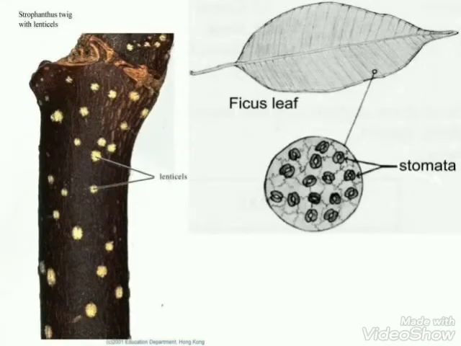All the green parts of the plant, especially the leaf, have stomata for respiration, and the woody or brown parts of the plant, usually the stems or the bark of trees, have small pores known as lenticels which help in the process of respiration.